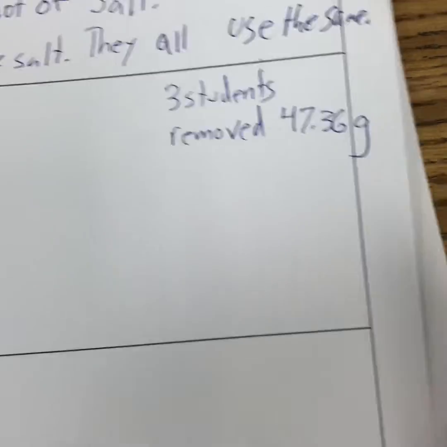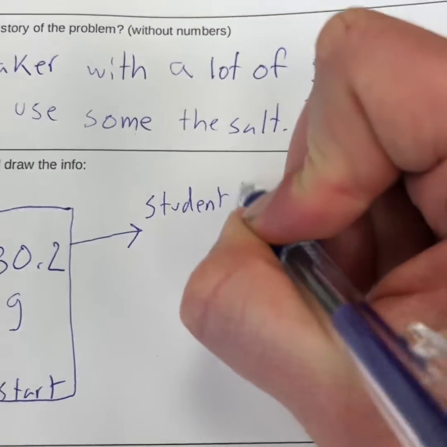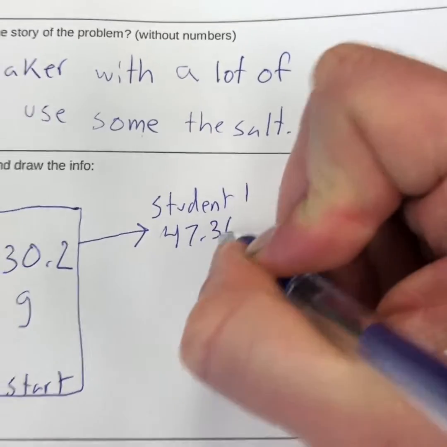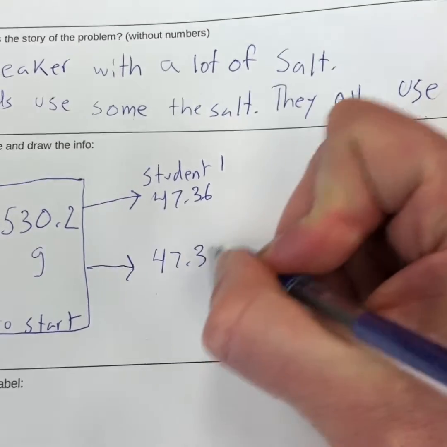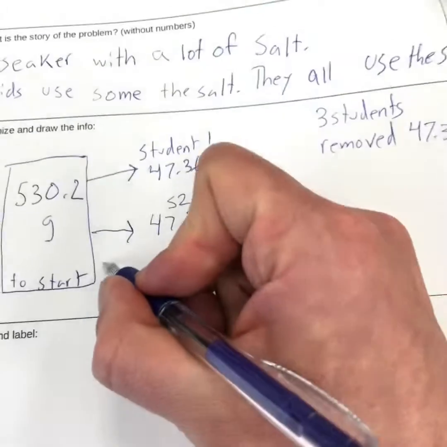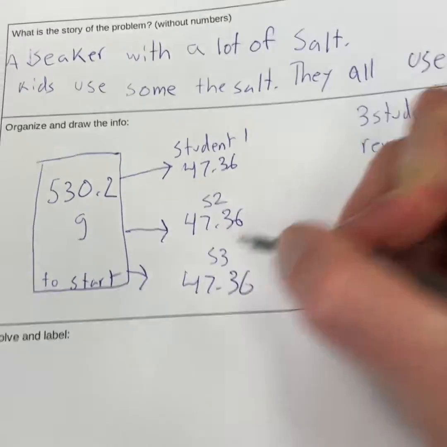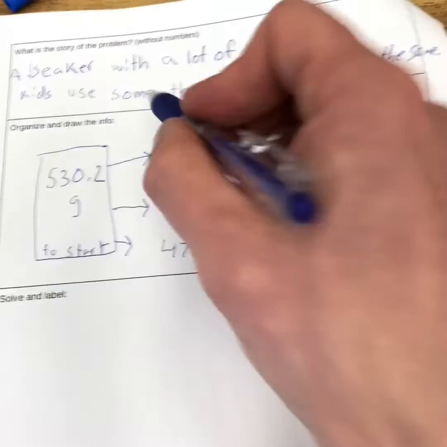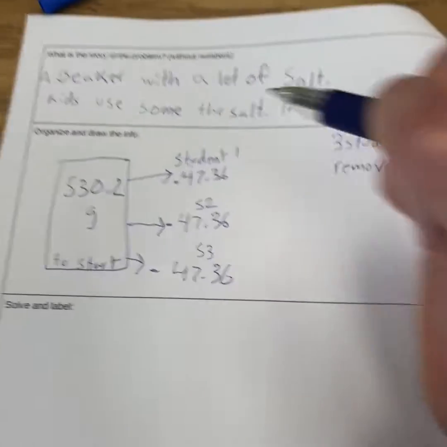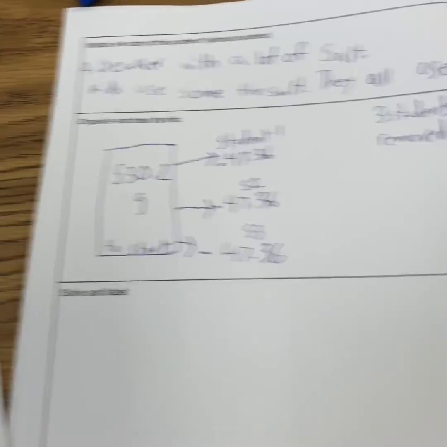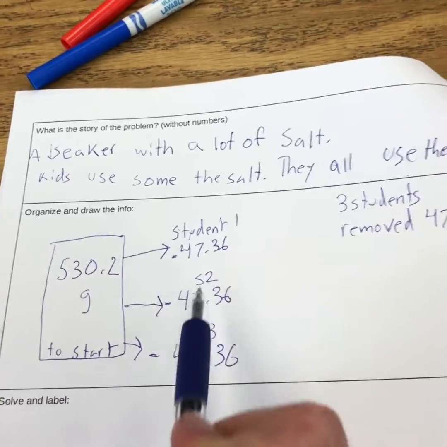I think I could show it like student 1, 47.36, 47.36 for student 2, and then again for student 3. So they all take that amount out, so I can even be like minus. All right. Oh, now I see what to do in this problem. I'm just taking this number and subtracting all of these.